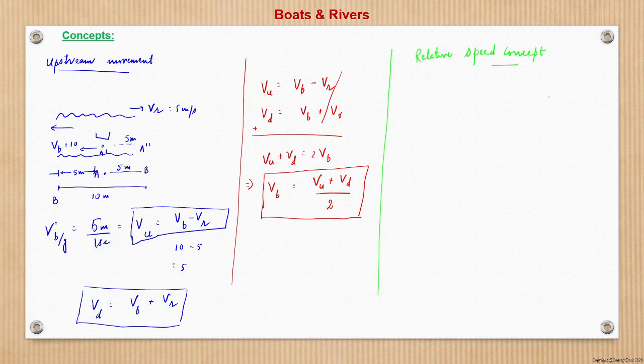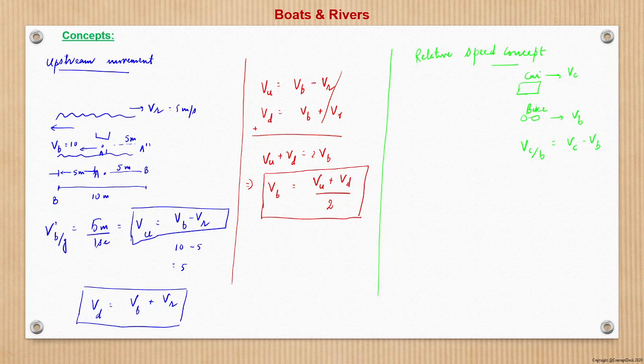Earlier we had seen that suppose a car is moving at a speed of VC and a bike is moving at a speed of VB. So what is the relative speed of car with respect to bike? They are moving in the same direction, so that is nothing but VC minus VB, right? That we had seen in the previous session.